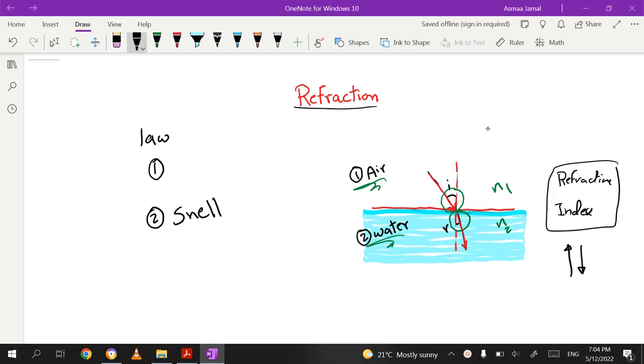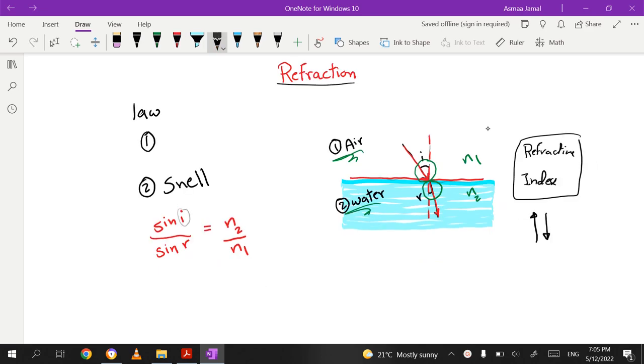If we want to write it, the sine of the angle of the incident light I to the sine of the angle of the refracted light, which is R, equals the ratio of the refractive index of the second medium to the refractive index of the first medium. This is the incident light, and this one is the refracted light.